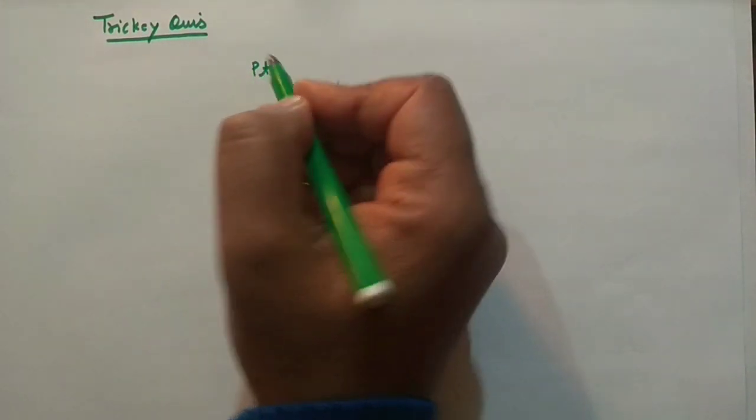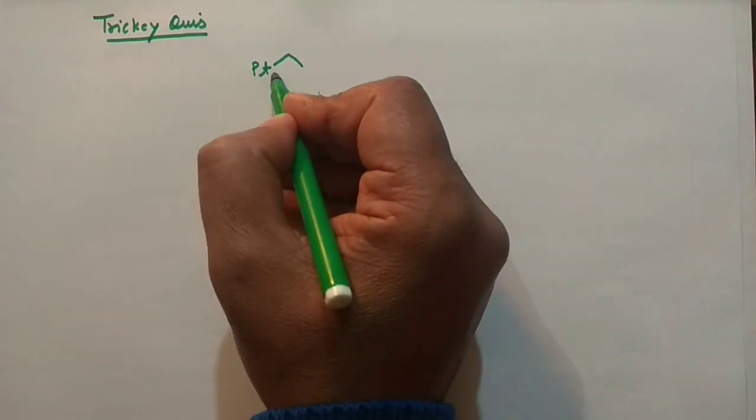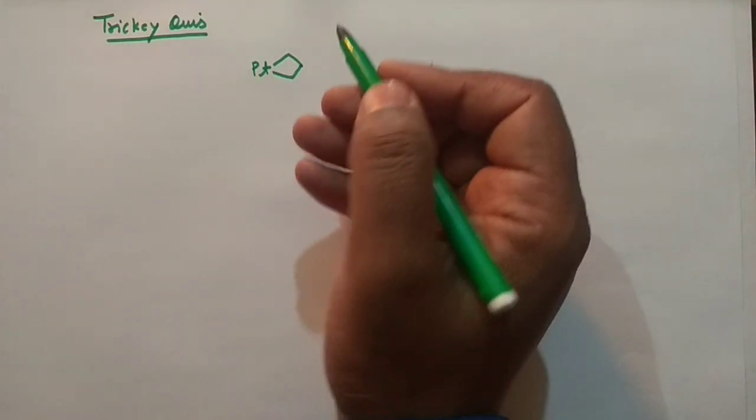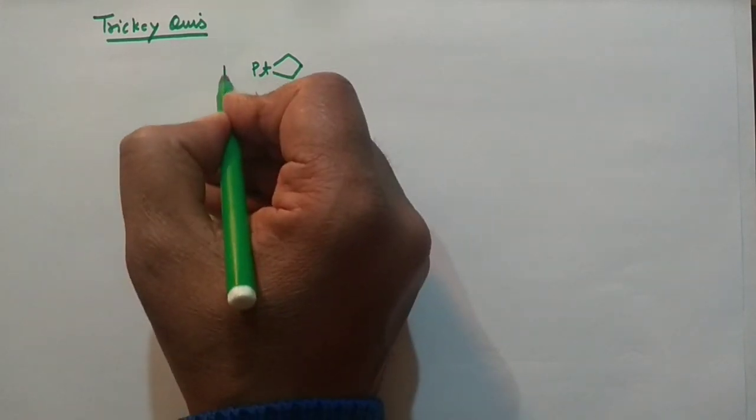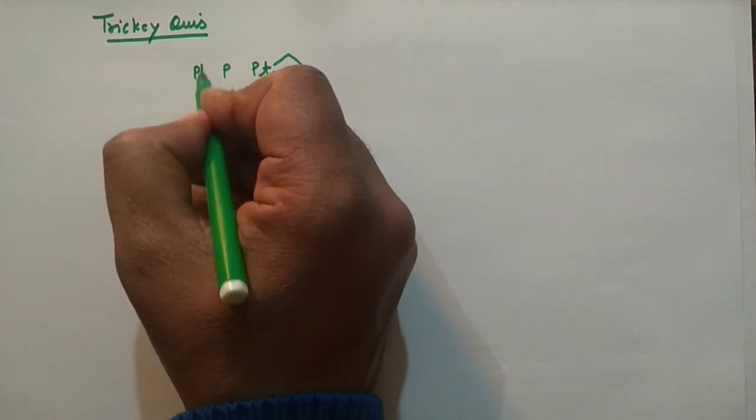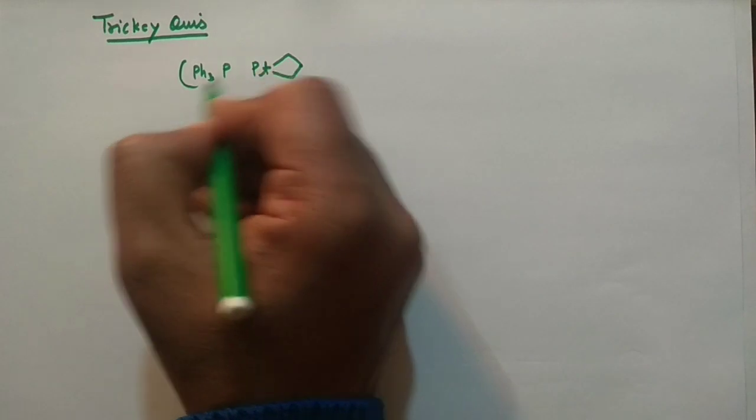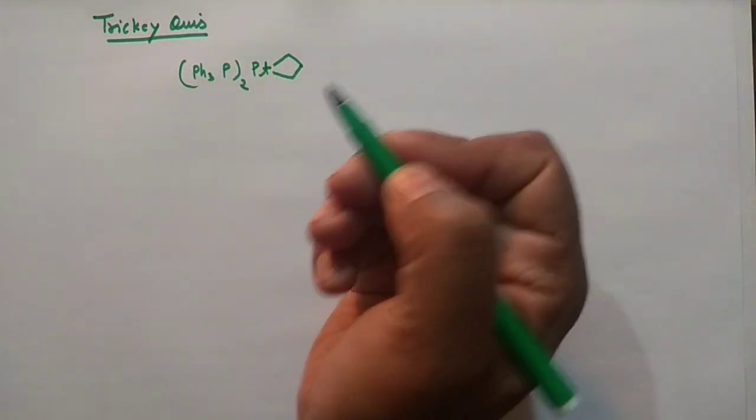Very important. Say you have platinum over there connected with a 4-membered ring, and here you have triphenylphosphine, present twice.